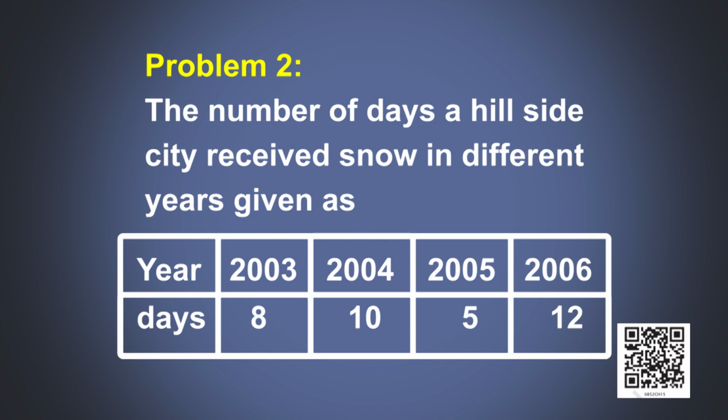Now let us draw a graph from the given data. The number of days a hillside city received snow in different years is given as: in the year 2003 it was 8 days, in the year 2004 it was 10 days, in the year 2005 it was 5 days, and in the year 2006 it was 12 days.